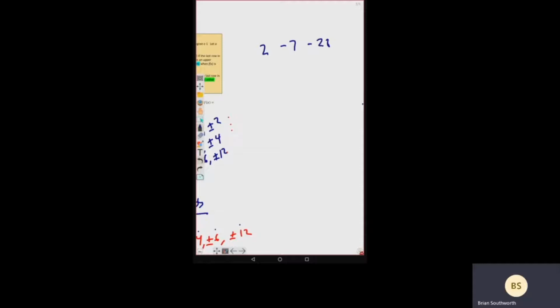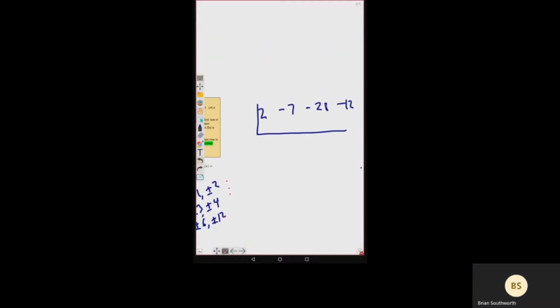And let's make a note here of what we're going to do. Upper bound.